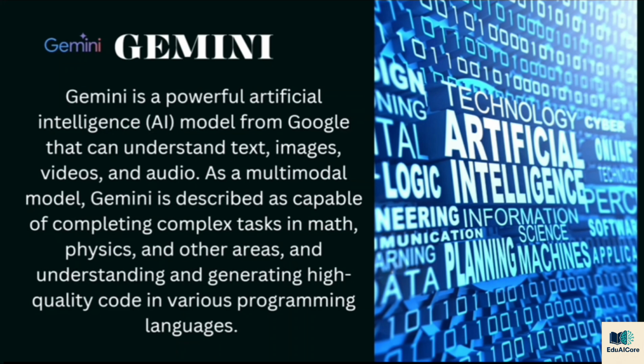It also understands and generates high quality code in various programming languages. As I was telling you, you can use ChatGPT to generate different kinds of code, and the same thing is done in Gemini as well.